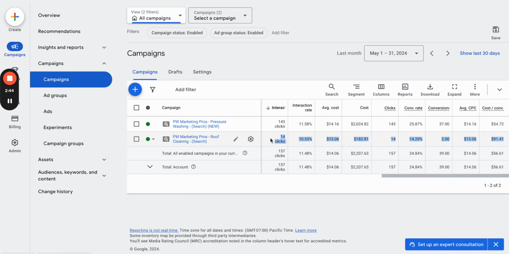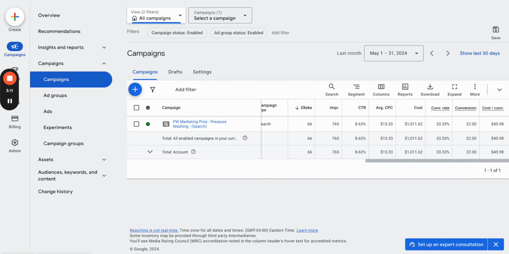For that Google Ads campaign, they spent $182 and got 2 leads. If they close at least one, they'd be good to go. But overall, $56 per lead, 39 leads, $2,200. We just started working with them in February, and we're very happy with the results we're getting for them. Since March, they've consistently been around 40 leads every single month.